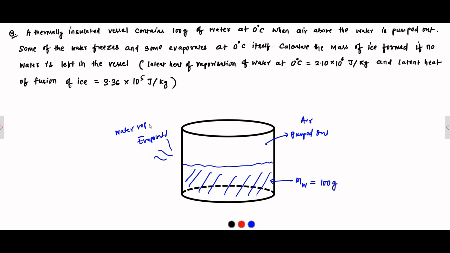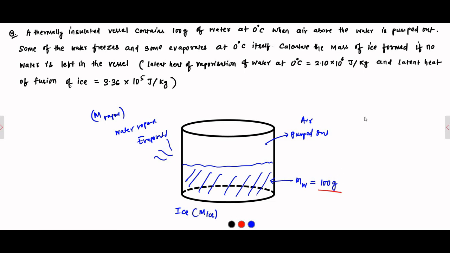So water vapor evaporated and some ice is formed. We have to find how much mass of ice is formed and what is the mass of vapor. If we calculate the mass of ice which is formed, we can get the value of the mass of vapor also.